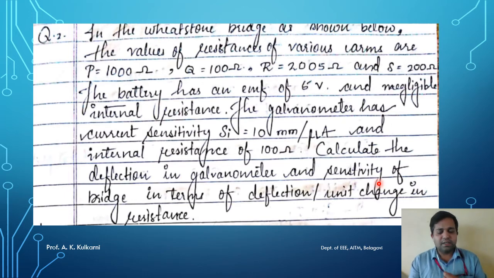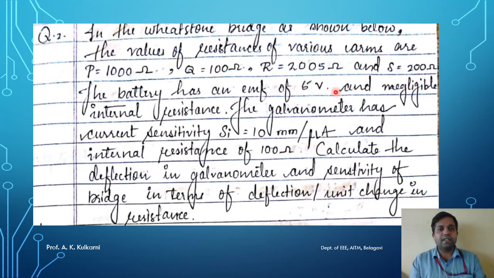So this is the problem statement given. From this problem statement, what are the given data we can note down? He mentioned all the resistance values. The ratio arms resistance is given, the unknown resistance value is also given, and the standard resistance value is also given.